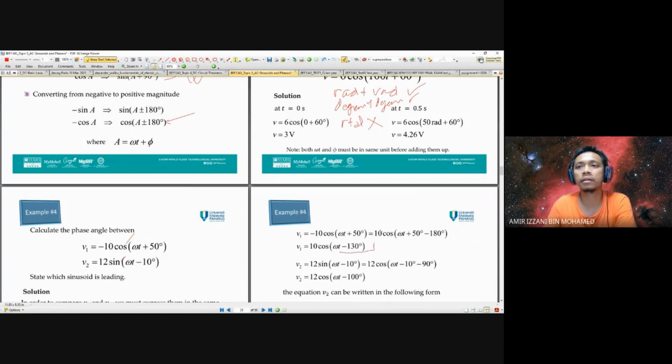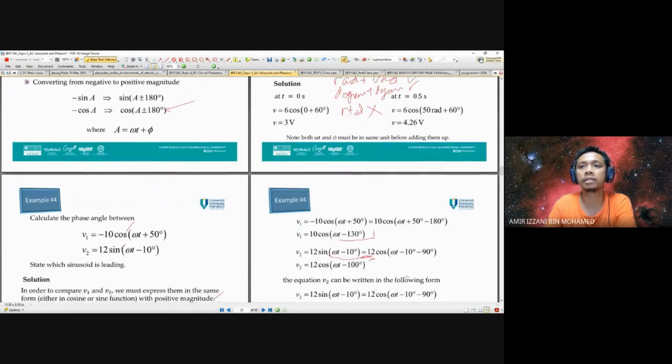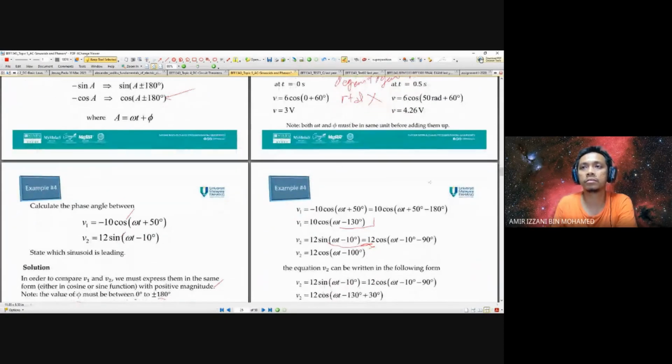And for V2, we need to convert from sine to cosine. Use this one, minus 90. So we'll use minus 90 here, and we'll get 12 cos omega t minus 100.